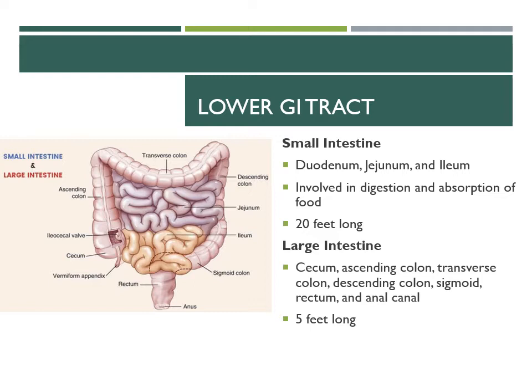And really the main function of this is absorption of water and some electrolytes back into the body. Okay, that's what the large intestine does. And of course to store stool for an appropriate time for defecation, obviously. And that's typically done in the rectum and the sigmoid.